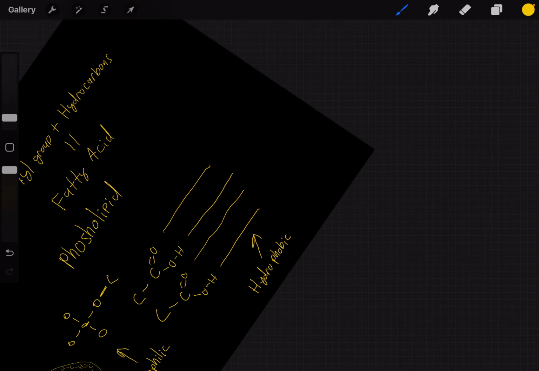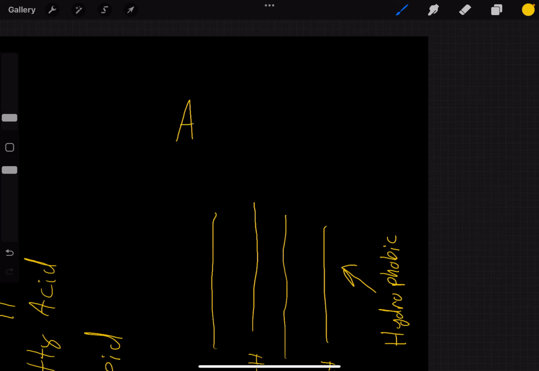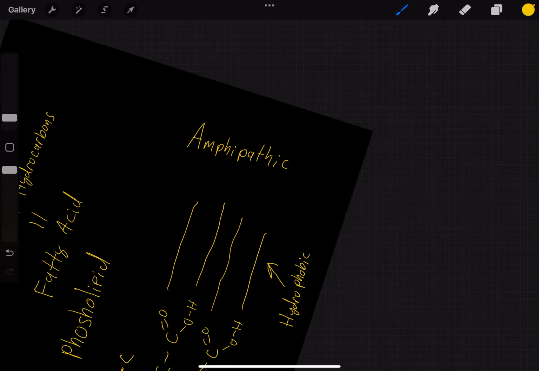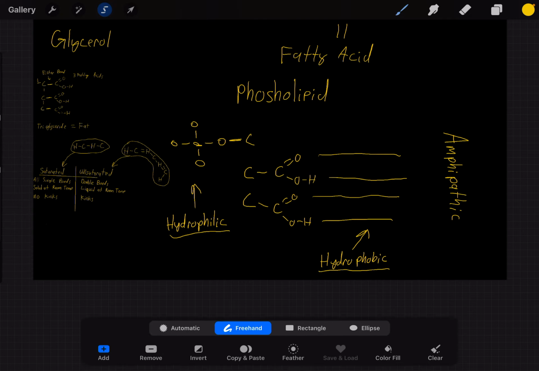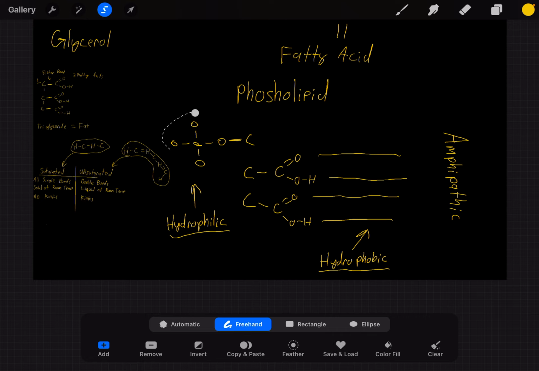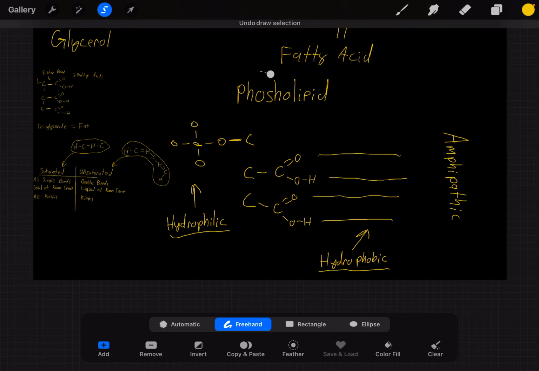What we call this is amphipathic. I think that's how I spell it. An amphipathic molecule is both hydrophilic and hydrophobic. And this is what allows the creation of the cellular membrane, the bilayer, of course. But we'll talk about that in chapter 6 and 7. And that is it for phospholipids.